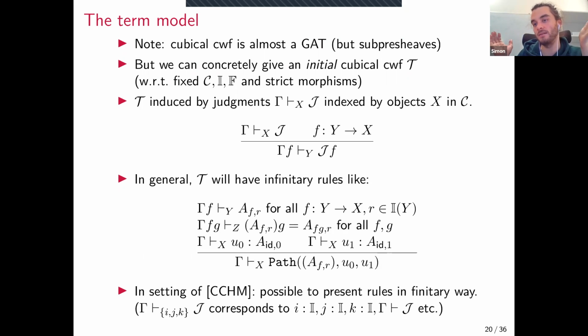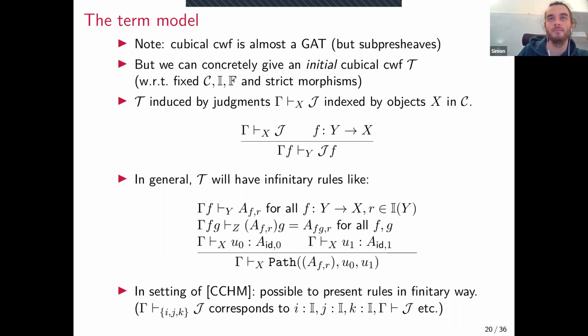And then this T is induced by presenting the rules, and the rules are rules for judgments. The important thing is that the judgments are indexed by objects in C. If I have a judgment at stage X, and I go along an action from Y to X in C, I can apply some kind of substitution.